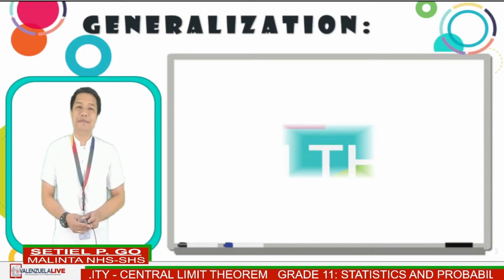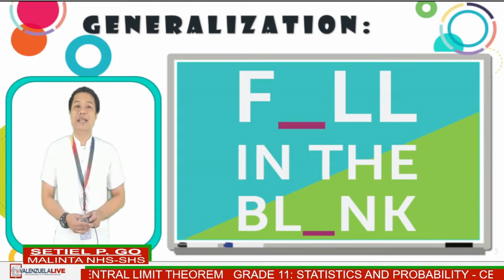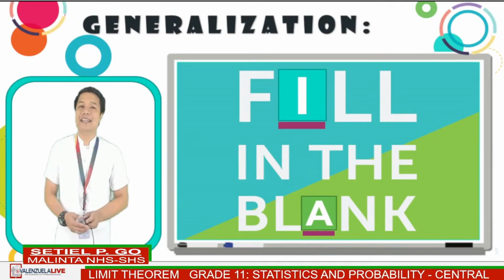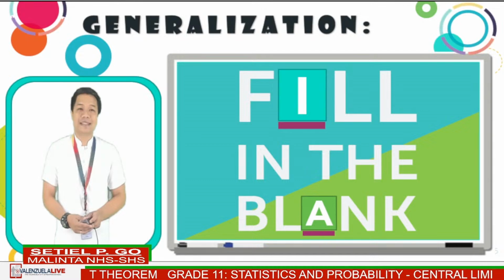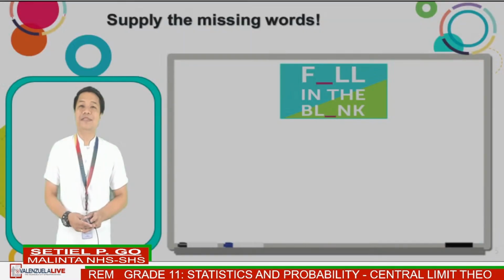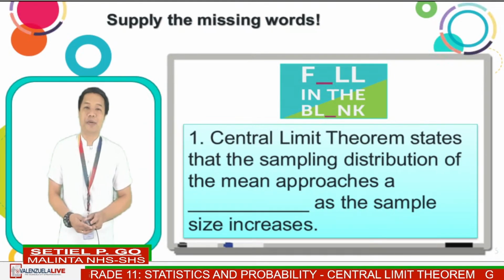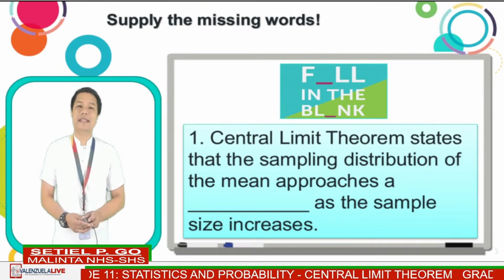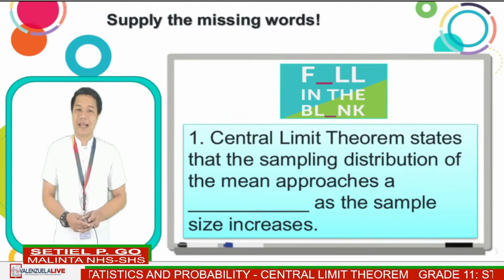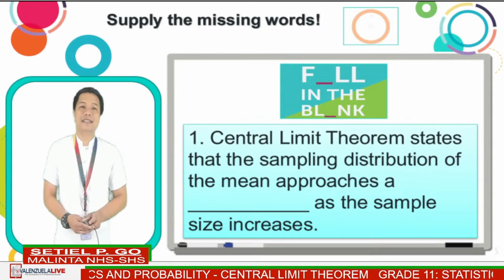Now this time, we're going to have this generalization, which is an activity, fill in the blank. Okay, so I will give you 5 seconds again to fill out those blanks based on our discussion. So let's have number 1. Supply the missing word. Number 1, central limit theorem states that the sampling distribution of the mean approaches blank as the sample size increases. 5 seconds, go!